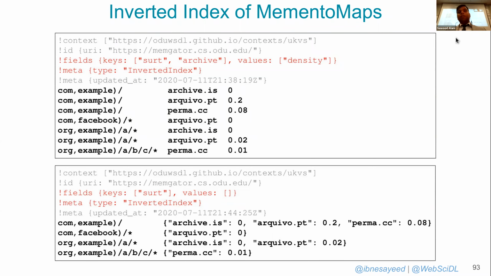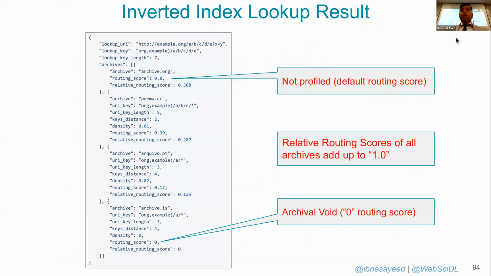And this is something that we can use for quick lookup, and then look at the scores and decide where to route. After looking at these inverted indexes, we'll be creating a result that will look something like this. At the top, we have archives like Internet Archive. We don't want to profile that. That's too big.